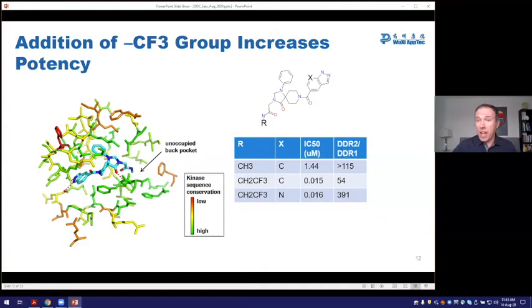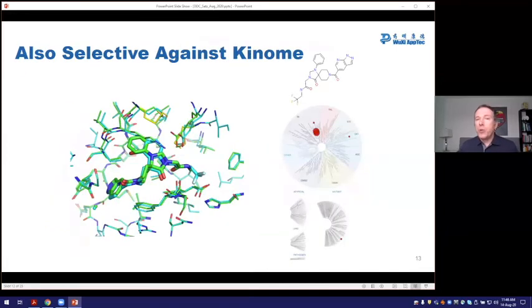And so at this point in time, this was one of the most potent and selective hits that the project team had ever found. And when you scan this hit against the entire kinome, what you find is that it hits DDR1, it hits DDR2 a little bit, it barely touches two others, and otherwise this hit is completely clean. And so it doesn't hit any other kinases.